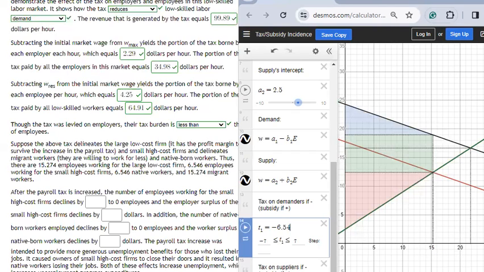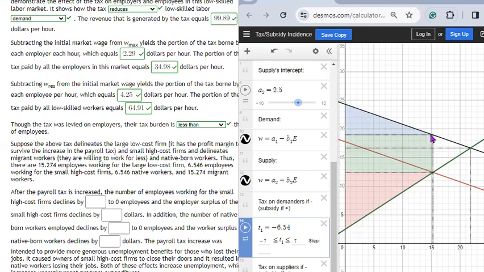So the small high-cost firms, they're willing and able to pay these wages, right? Why are they willing to pay lower wages on average than the low-cost large firms? The low-cost large firms right here are willing to pay a higher wage to employees because their margins are better.